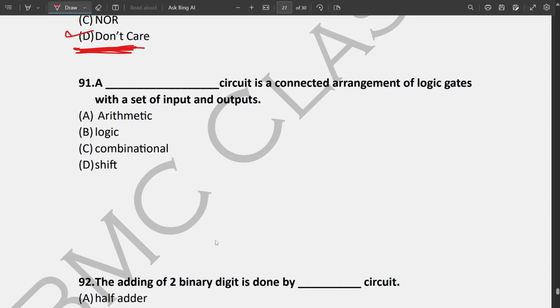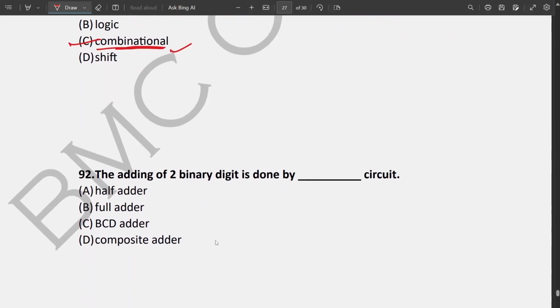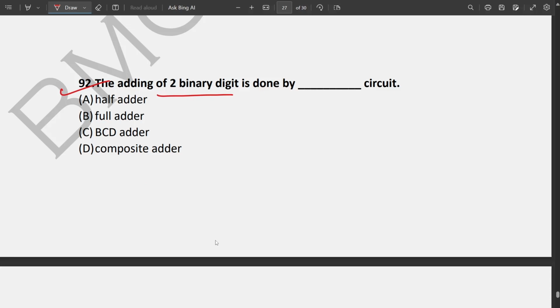Next, a circuit is a connected arrangement of logic gates with a set of inputs and outputs. The answer will be combinational. Option number C is correct. Only this circuit is a connected arrangement of logic gates. Next, the adding of two binary digits is done by a half adder.